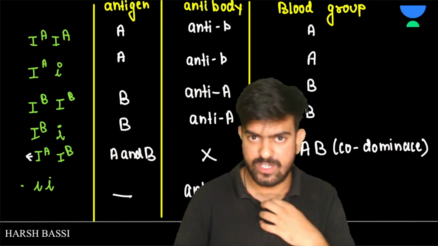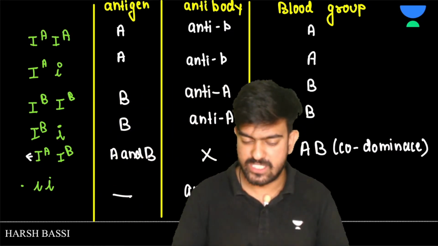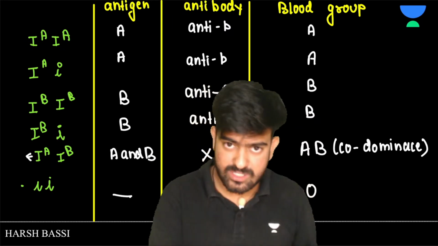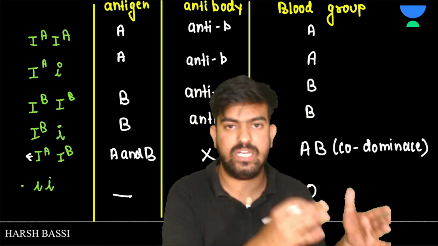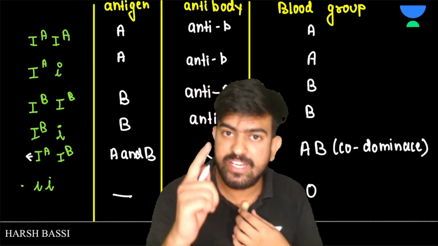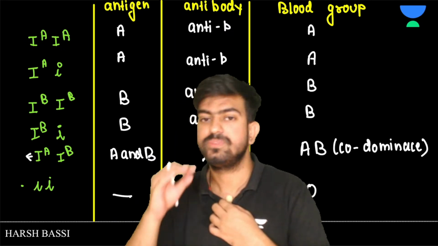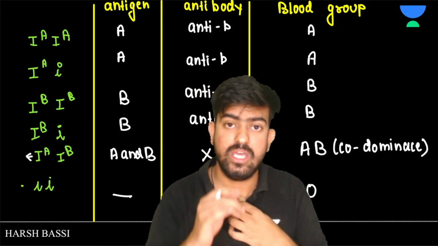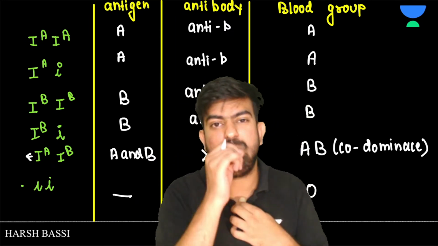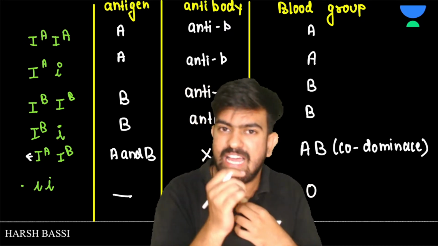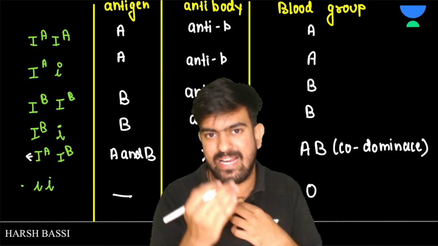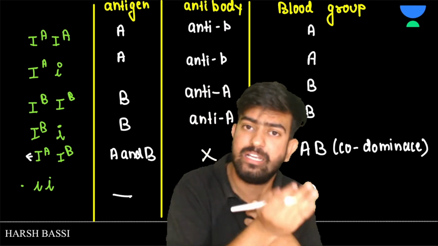Okay, let me revise what we have discussed. Today we started Post Mendelian Genetics. In it, we did intra-gene interactions or interallelic interactions. First, we discussed incomplete dominance, with examples like Snapdragon, Mirabilis jalapa, and the color of fowl.